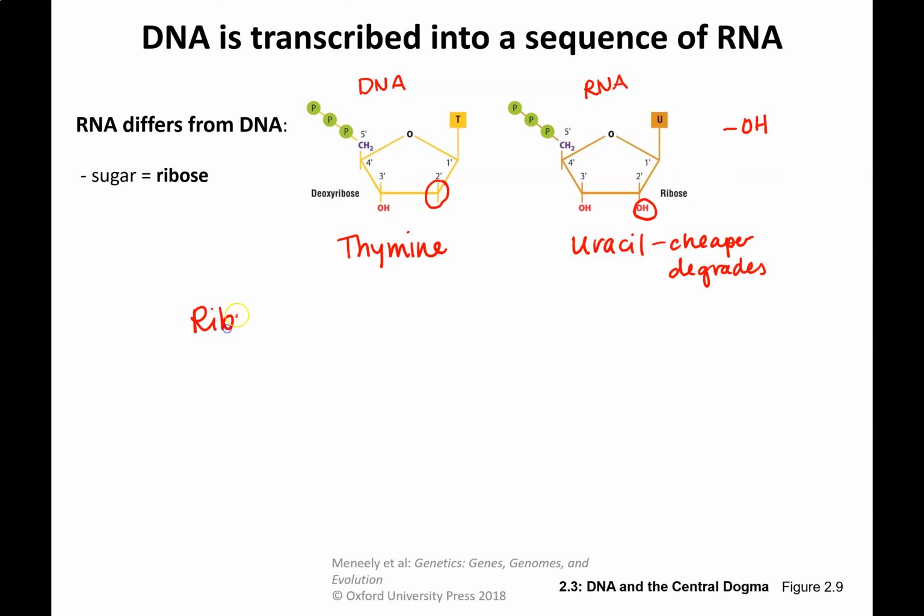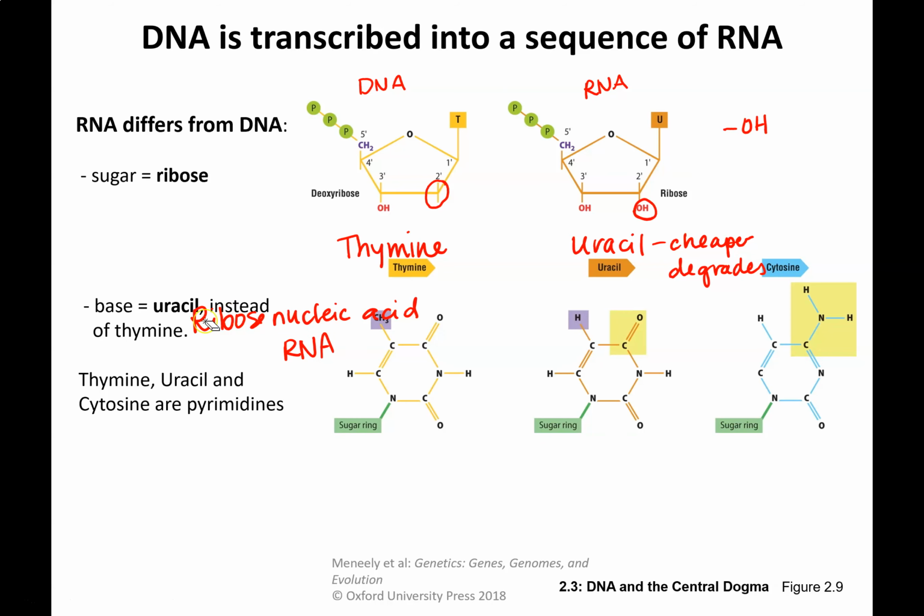RNA is ribose nucleic acid, so very similar to DNA. Uracil and thymine only differ a little bit.